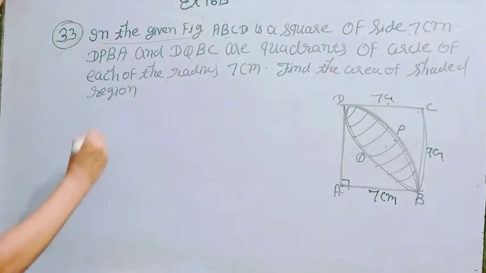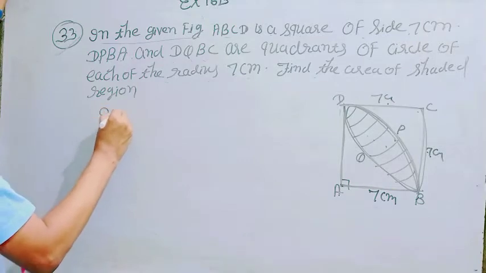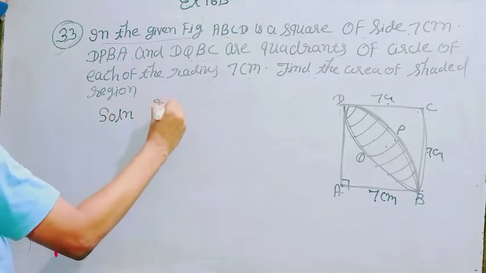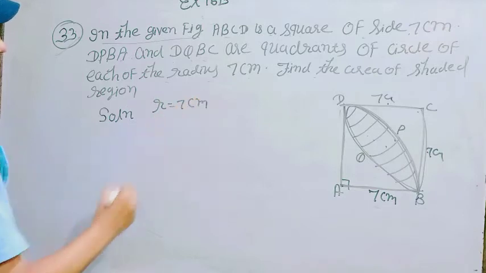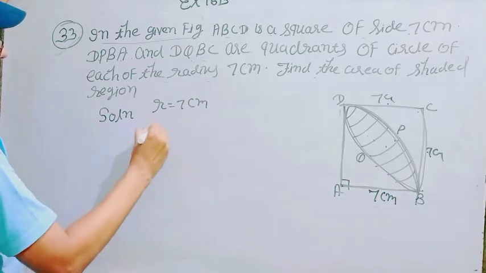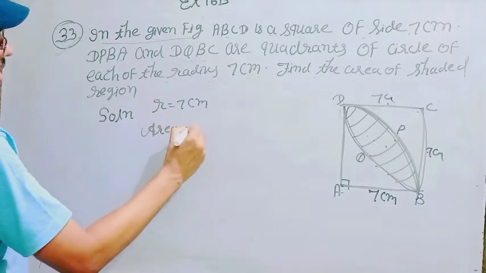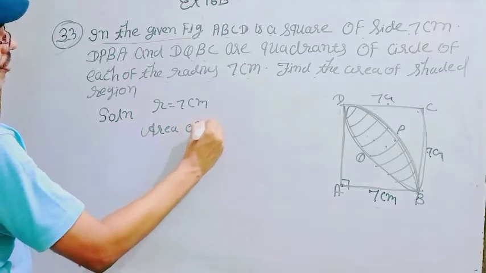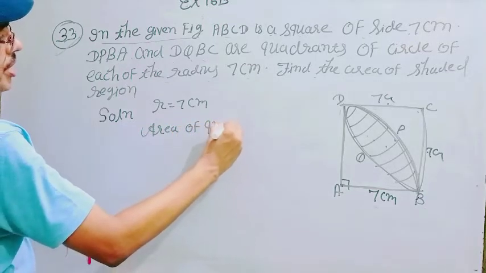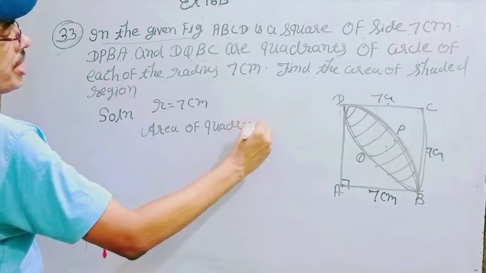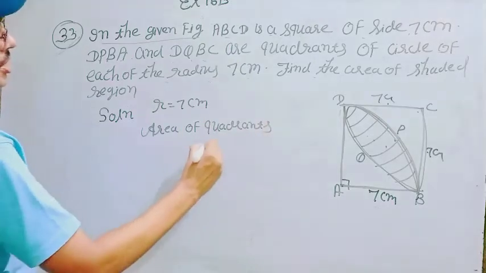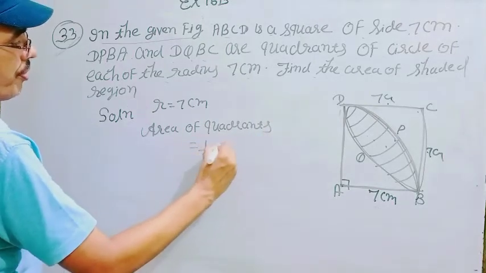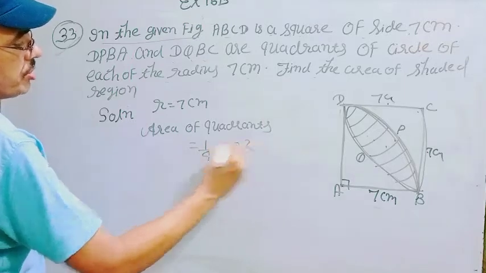So dear student, in the solution, radius is equal to 7 cm, and area of quadrant, that is area of sector, area of quadrant is equal to 1/4 pi r square.